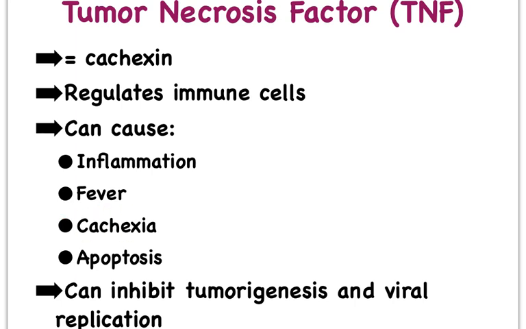So they might have the proper nutrient intake, but they just cannot put any more weight on. And this has a lot to do with this tumor necrosis factor. This tumor necrosis factor can also prevent the creation of tumors, tumorigenesis, meaning the formation or the creation of tumors, and make it very difficult for viruses to replicate.